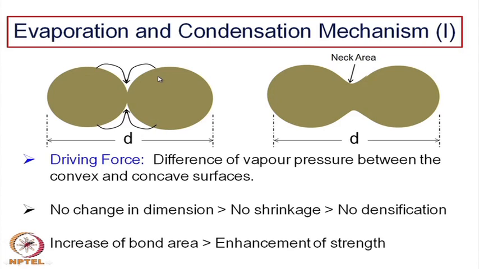Here, if we take two spherical particles, uniform in size, when they are compressed or come together, as in a conglomeration of particles, this is the contact area. Theoretically it is actually a point contact, but in reality there may be a slight finite volume or finite area.